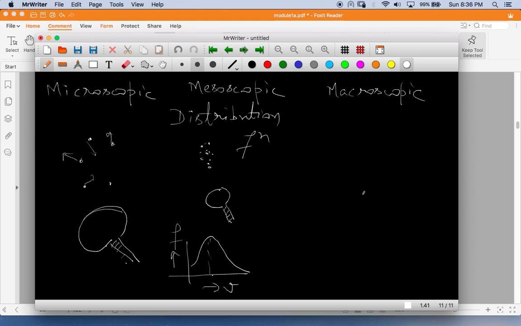Where really your lens is really small, and you're seeing an even larger volume than this, and you cannot make out the particles at all.